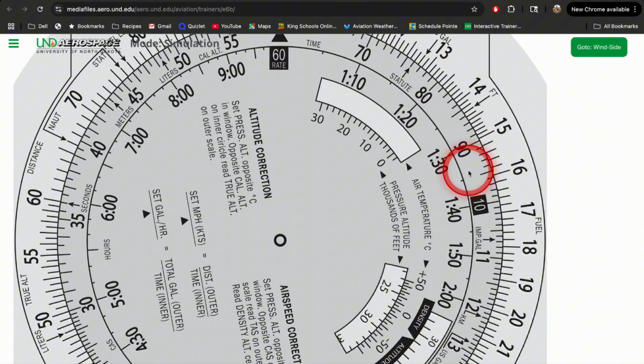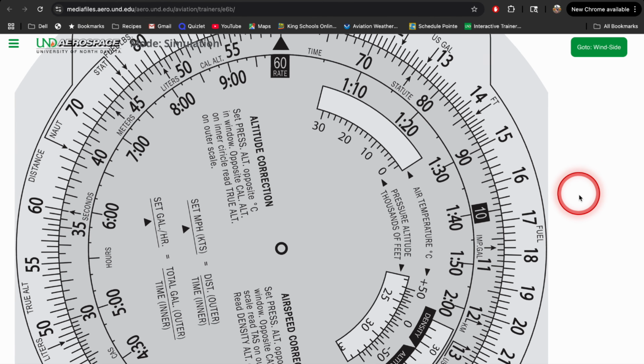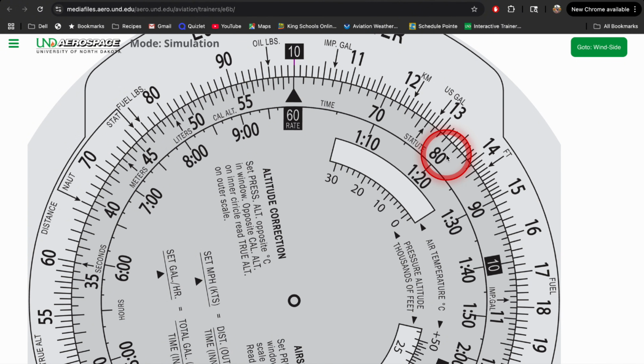Distance is going to be measured on this outer light gray area, and the time is going to be told on this inner circle, or the inner scale. So if we're going 120 nautical miles, there's 12, shift the decimal, we're going to pretend that's 120.